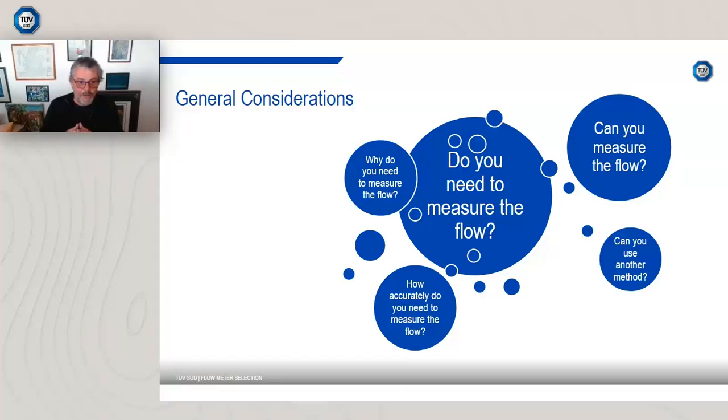And if that's the case, then that also impacts how accurately you need to measure the flow. In a case like that, for a safety critical measurement or a $10 million oil offload, you would probably need to spend more money in measurement because you want to measure the flow with a lower uncertainty.